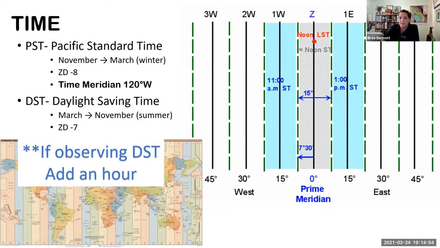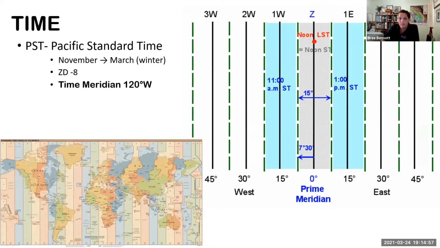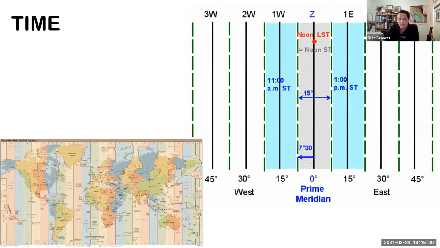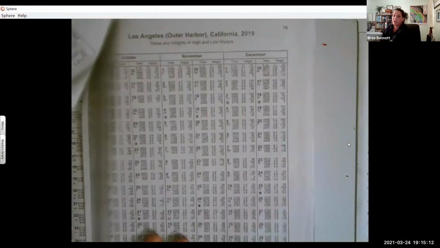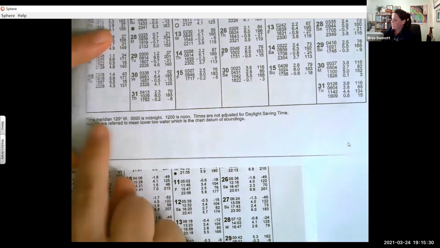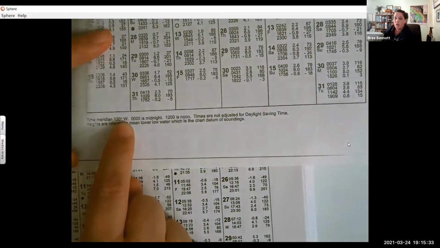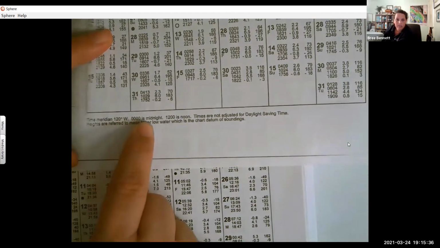I'm going to show you the 2019 one here. If you are testing with the Coast Guard route or looking at older tide tables, down at the bottom it says the time meridian is 120 west. 00 is midnight, 12 is noon.